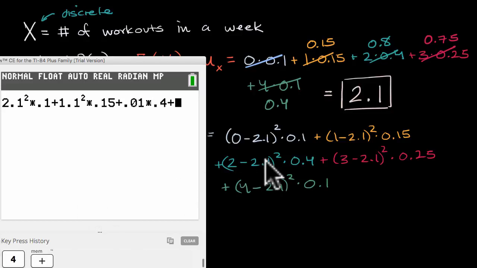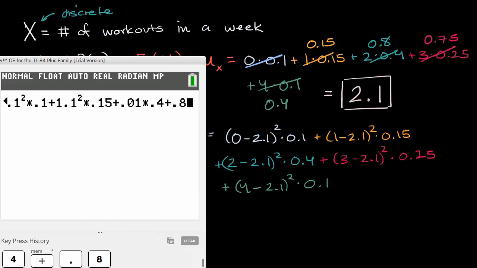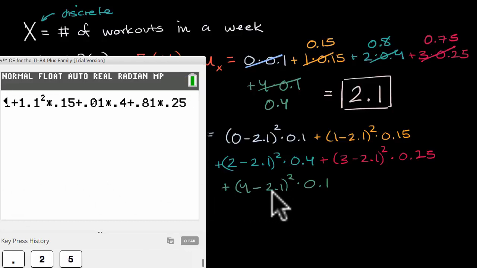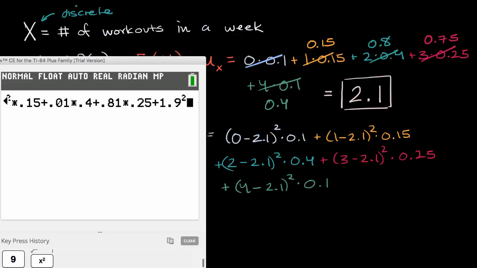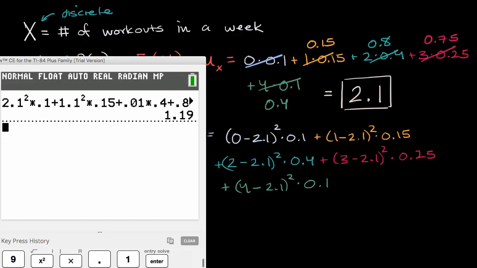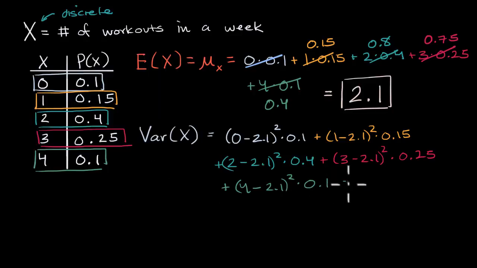And then plus, this is going to be 0.9 squared, so that is 0.81 times 0.25. And then we're almost there. This is going to be plus 1.9 squared, 1.9 squared times 0.1. And we get 1.19. So this is all going to be equal to 1.19.